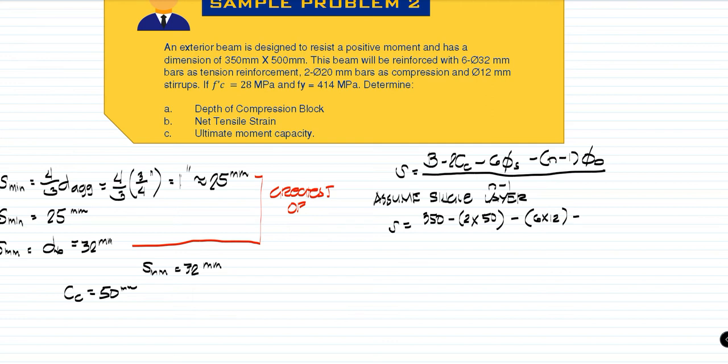Minus, since we will try a single layer, so ibig sabihin, pipilitin natin ipasok yung 6. So that will be, ang n natin is 6 minus 1. And the diameter of our main bar is 32 mm. So that will be 6 minus 1 times 32.